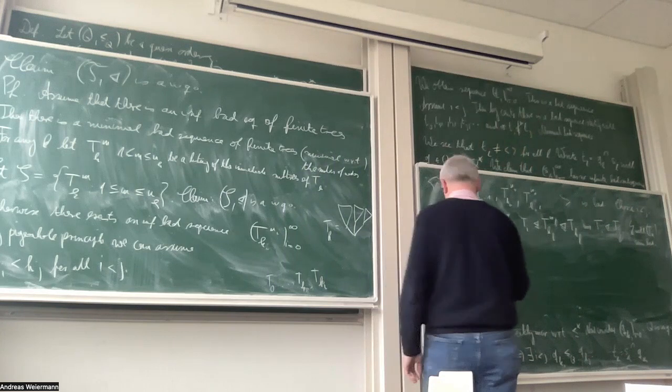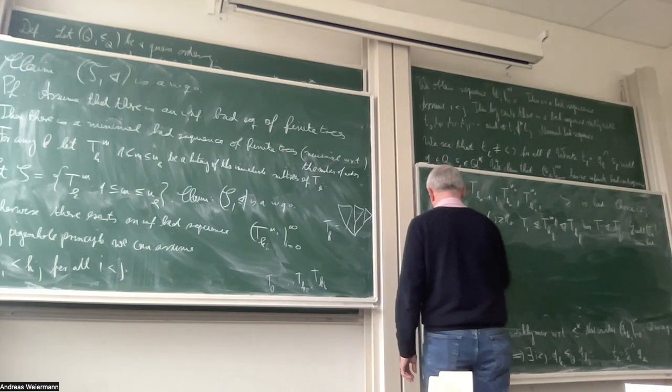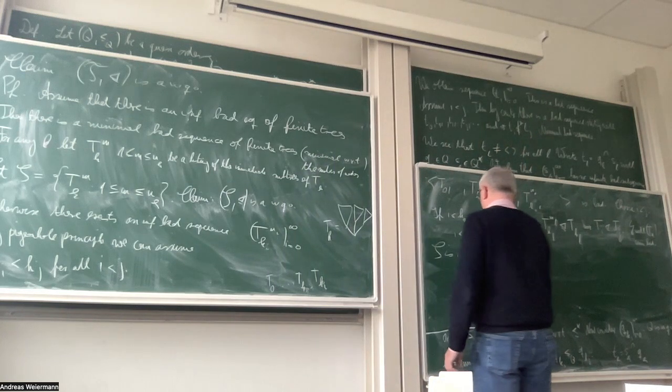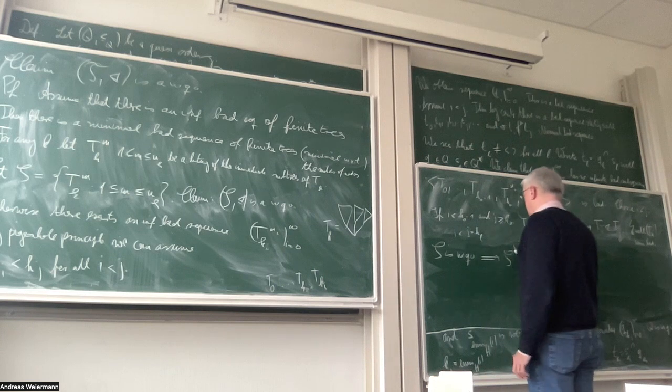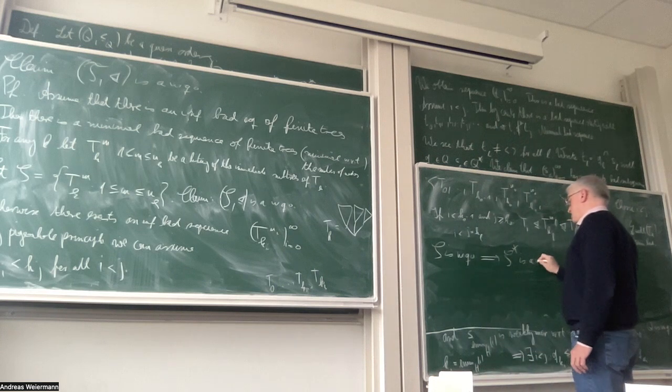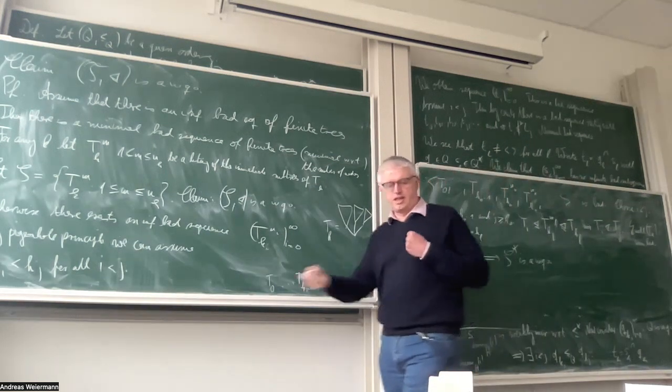Now what we have seen is that quasi order. Then we have a star. A star is a set of finite sequences.